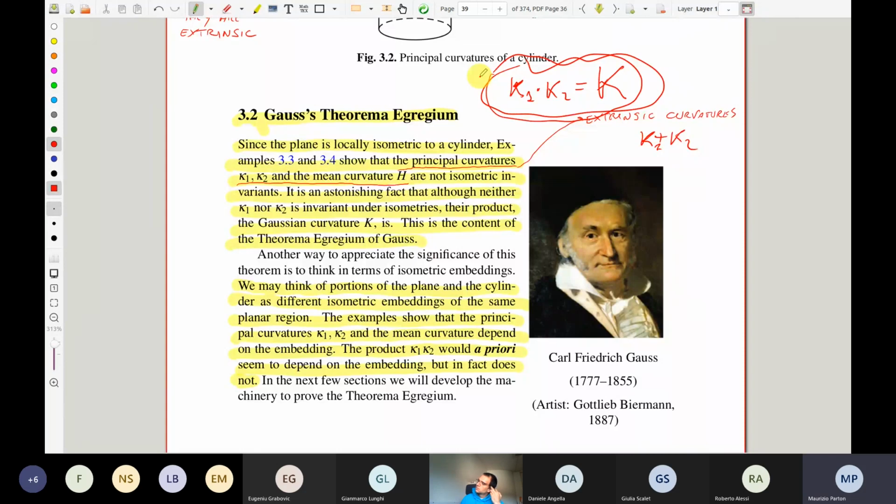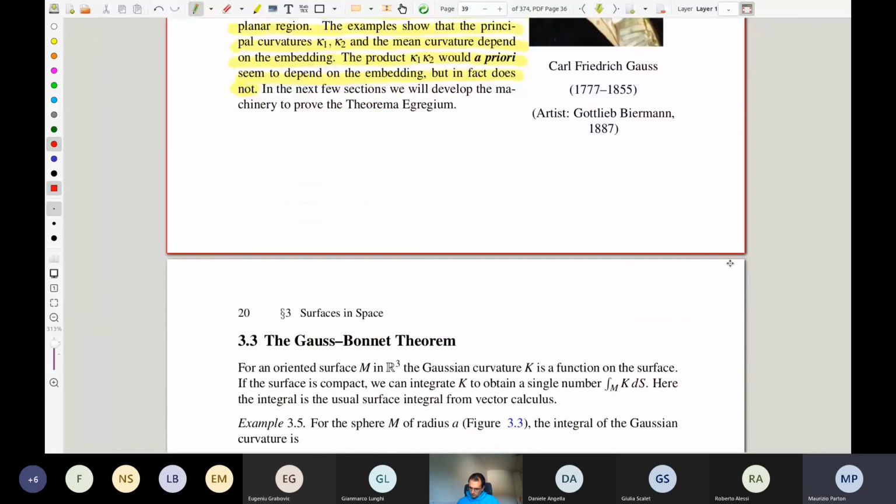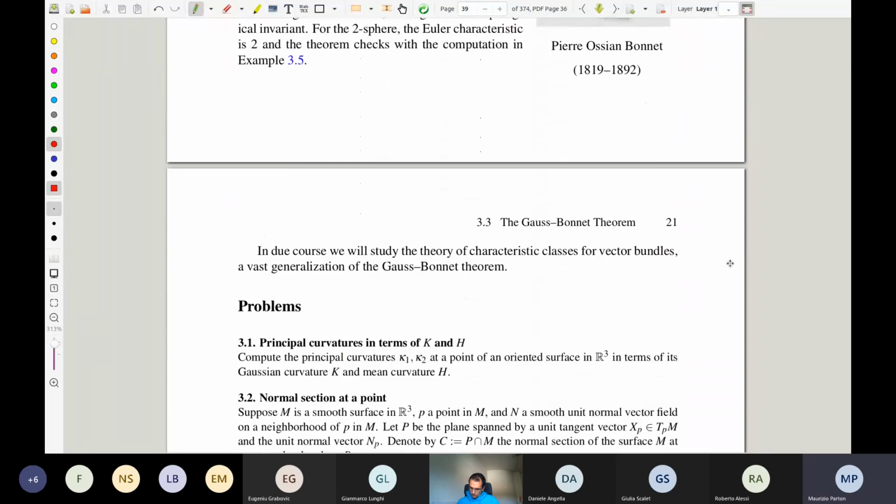It has a life by itself, because there is something intrinsic that will never change, also if you take this object out of R3 and you put it everywhere else, or you just look at this object by itself. Okay, and this is the beginning of the notion of abstract manifold. So you see the importance of this remark, of this discovery. I don't know how you would call that.